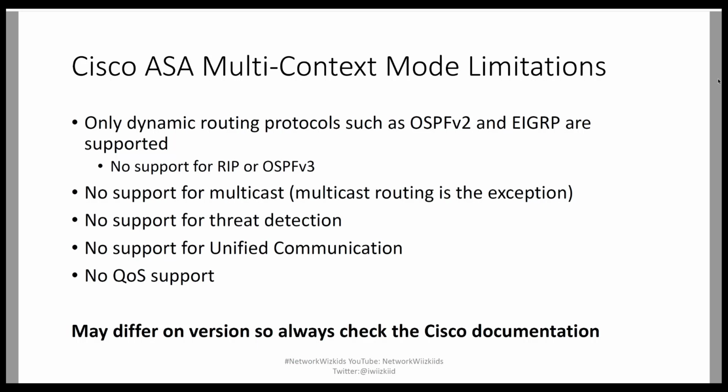There's no support for threat detection. There's no support for unified communications, and there's also no support for QoS. I've put in bold at the bottom that, depending on the version you're using, these limitations may differ, so it's always worth checking the Cisco documentation for the version of code that you are using.